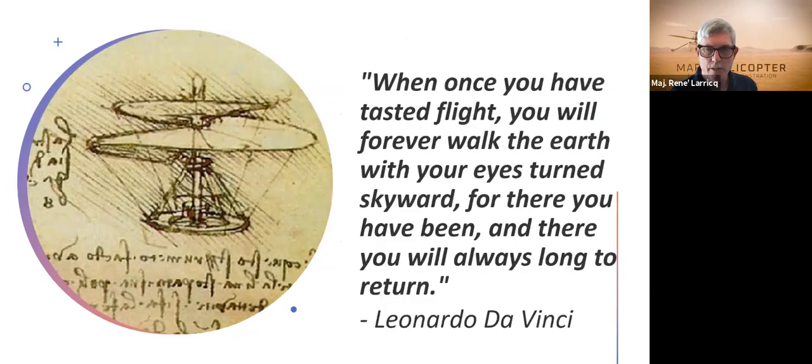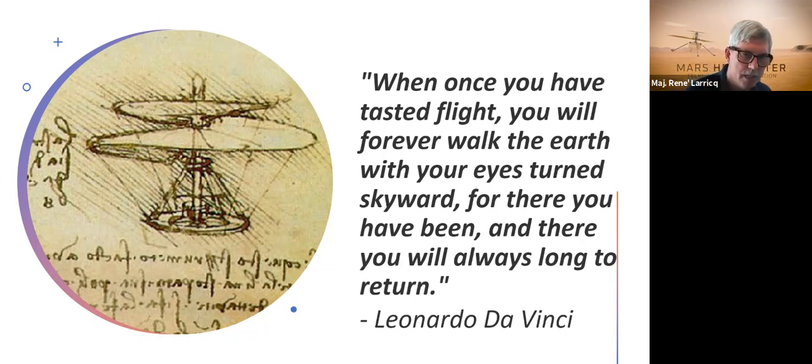So last thing, I want to leave you with a quote from Leonardo da Vinci, who back in the 1500s, I believe, correct me if I'm wrong, you could see that picture there, was the first person to describe a helicopter. And that's one of his original drawings.